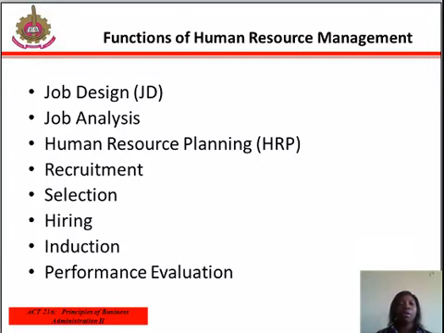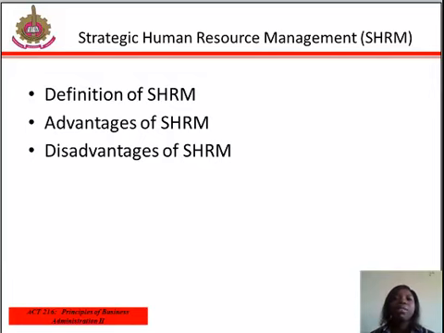Also, let's talk about strategic human resource management. Strategic human resource management is a branch of human resource management, and it is a fairly new field which has emerged out of the parent discipline of human resource management.